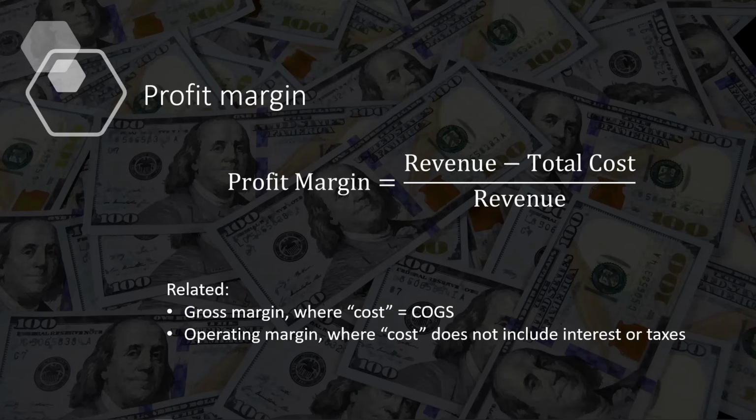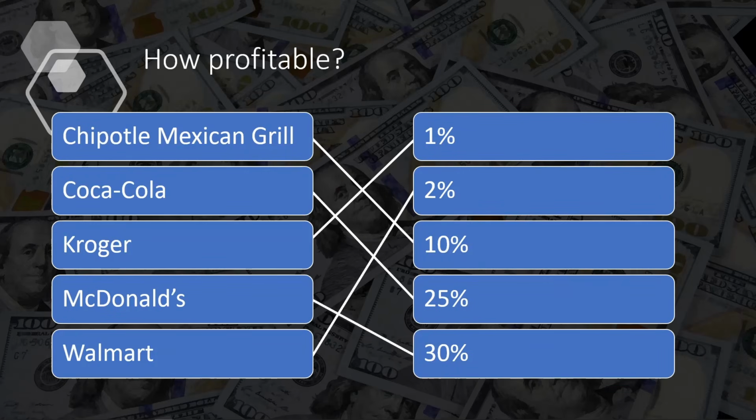Then back to the question that we may all have asked, why is McDonald's profit margin so high at 30%? It's a restaurant business. Chipotle Mexican Grill is a restaurant business. So 30% versus 10%, that's a very big difference.